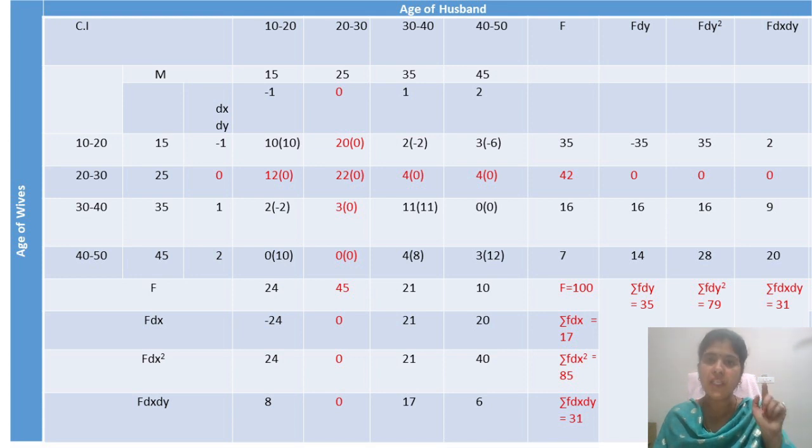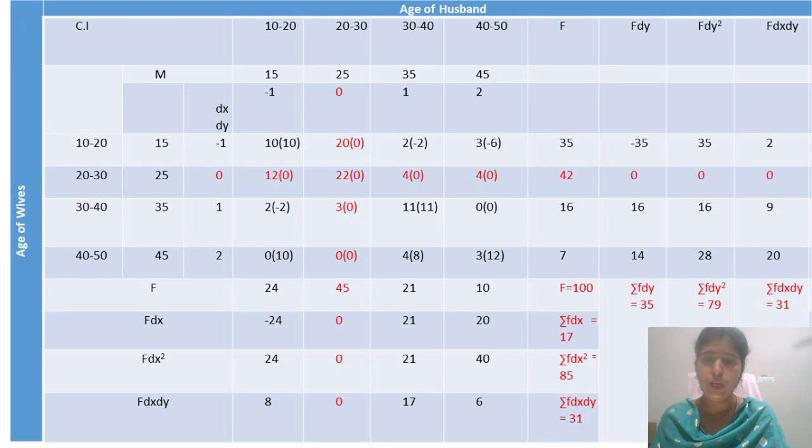Next what we have to do is fdy. dy is nothing but deviation. Minus 1 into frequency, f into dy: minus 1 into 35 is minus 35, 0 into 42 is 0, 1 into 16 is 16, 2 into 7 is 14. Next fdy square: your deviation square, 1 square 1, 0 square 0, 1 square 1, 2 square 4.